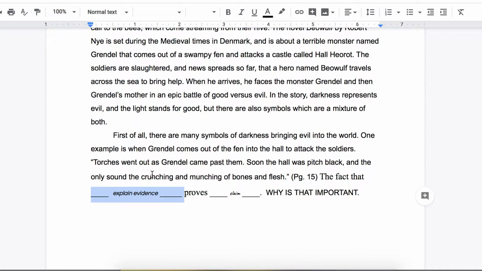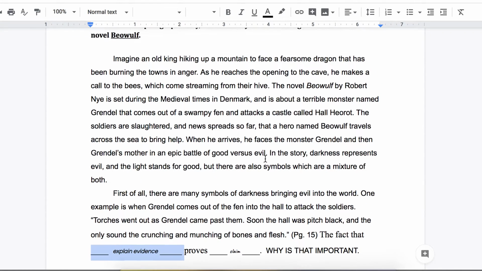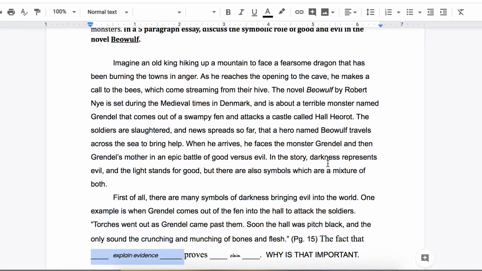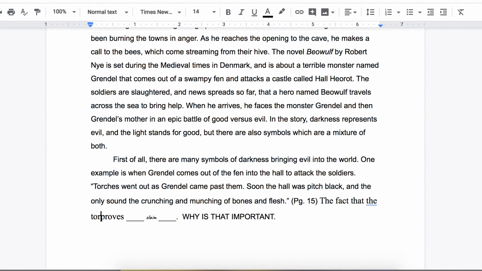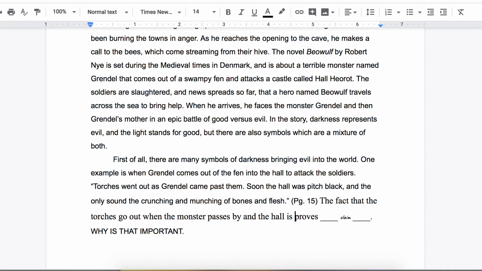So what is it in this evidence which shows our claim thesis, which is that darkness represents evil? Okay? So what is it about here? The fact that the torches go out when the monster passes by and the hall is in blackness proves, and then our claim, that darkness represents evil.